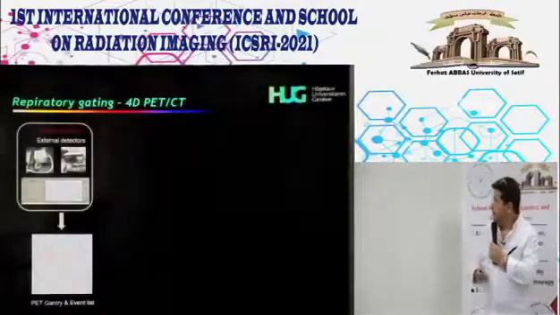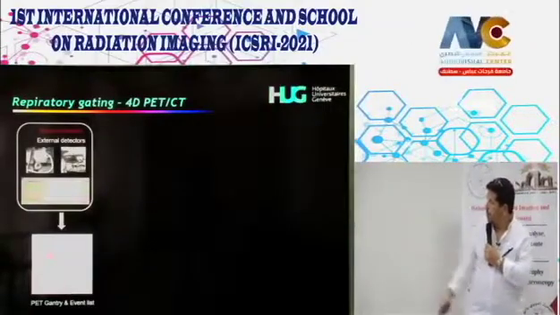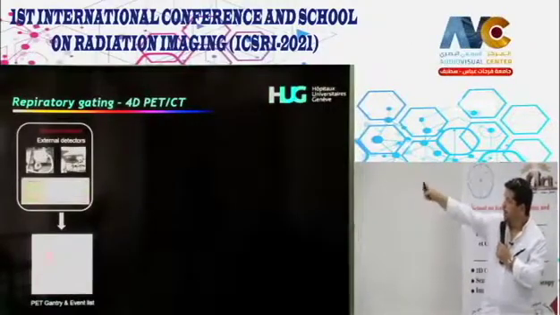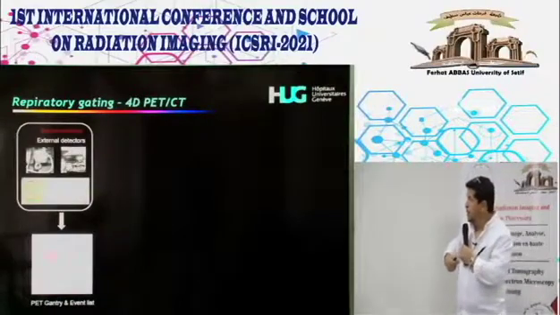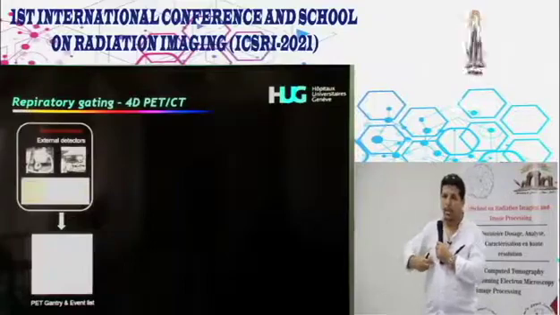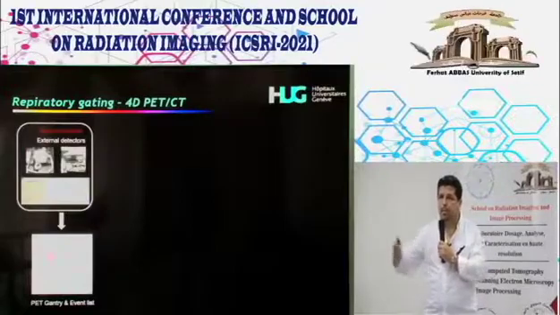So this is how the data is acquired. You acquire the PET data in list mode format, and then you have an external device. It could be piezoelectric material on a belt, and the patient is going to breathe, so the pressure is going to change on this material, right, and this generates a signal.